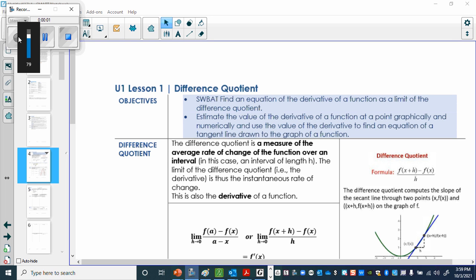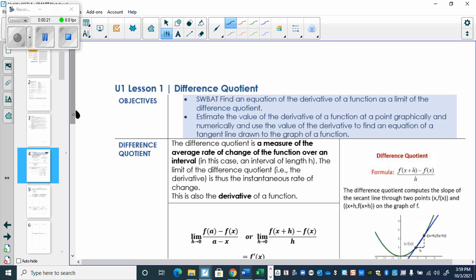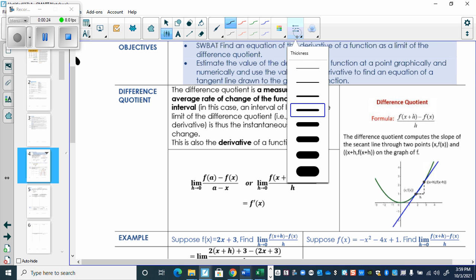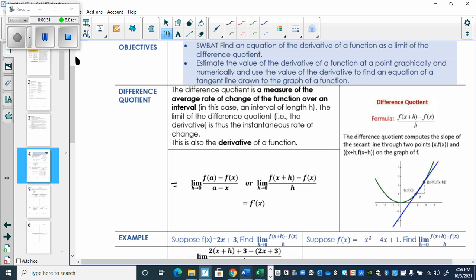This is the first lesson in Unit 2, and it's literally about finding a derivative, and we use a difference quotient. One of the things that you will have to be able to remember is that all derivatives... you should be able to use this quotient right here or the one on the left.